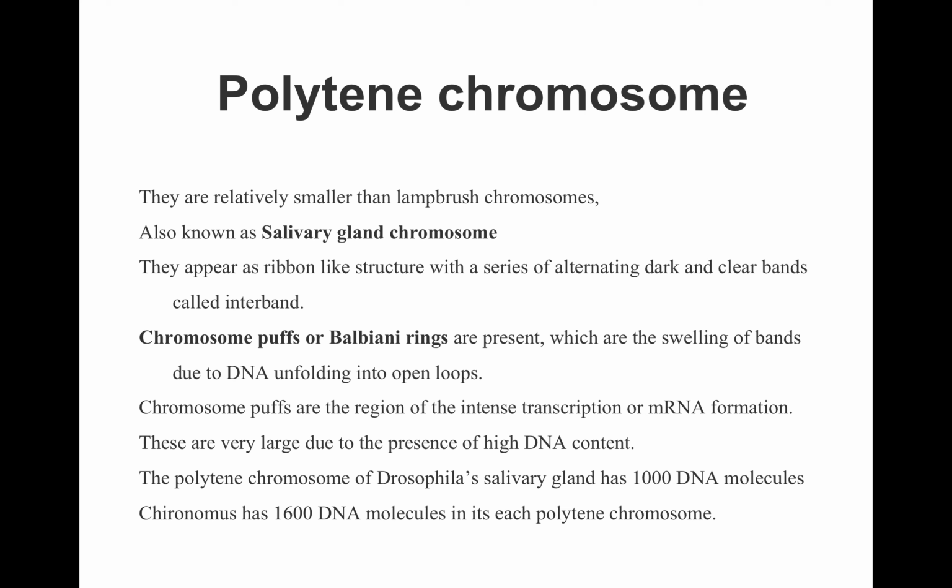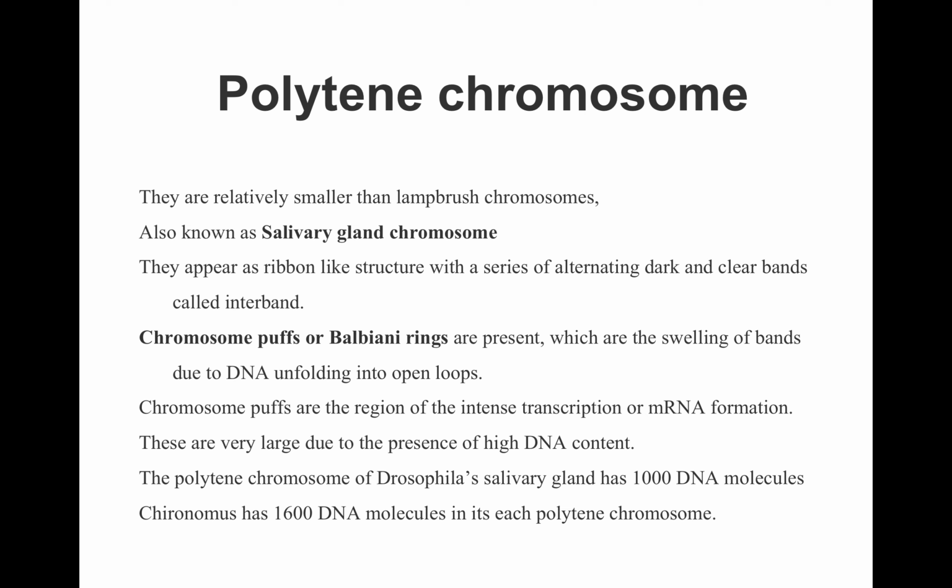There are chromosome puffs or Balbiani rings. Actually, they are the swelling of bands due to DNA unfolding into open loops. Chromosome puffs or Balbiani rings are the regions of intense transcription or mRNA formation. And they are very large because of the presence of high DNA content.